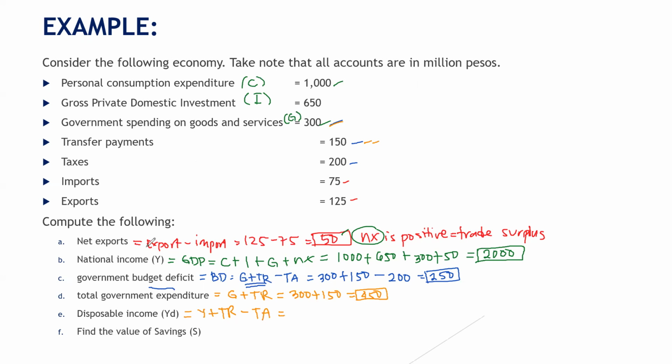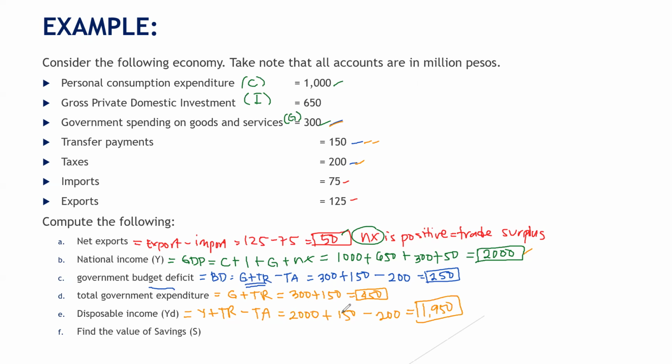So the income, we already solved for the income, which is 2,000, that is your GDP, plus the TR, that is 150, minus the taxes, so that is 200. So 2,000 plus 150, we have here 2,150 minus 200. So now the disposable income is 1,950.